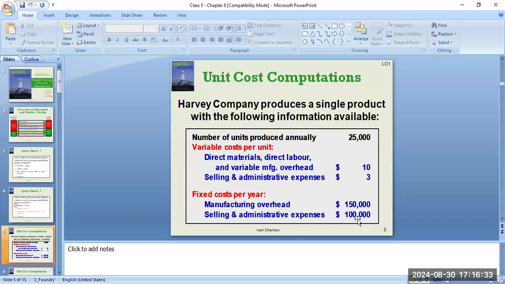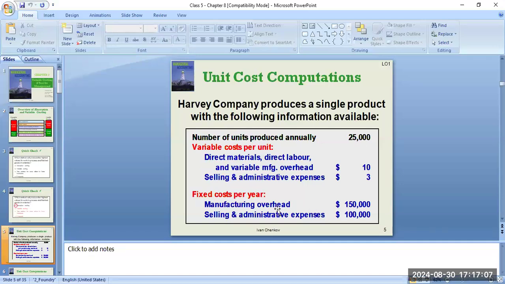Now, what we have to do is come up with the cost per product under both systems, absorption costing and variable costing. So we need some costs. We need direct material, direct labor, and variable manufacturing overhead, which we have, that's $10 per unit. Also, we need the fixed manufacturing overhead cost, but we need it per unit.